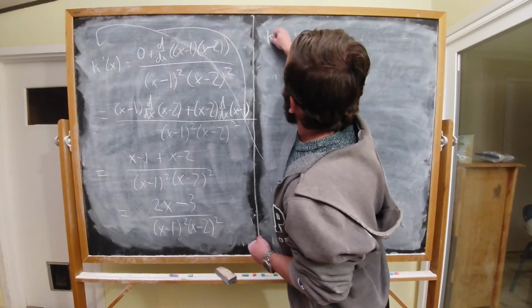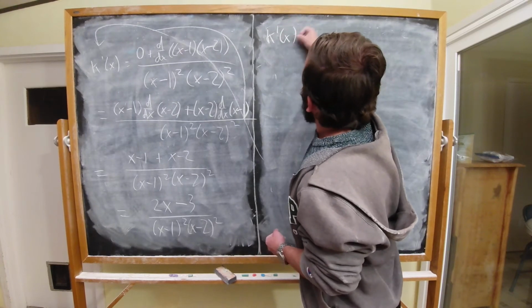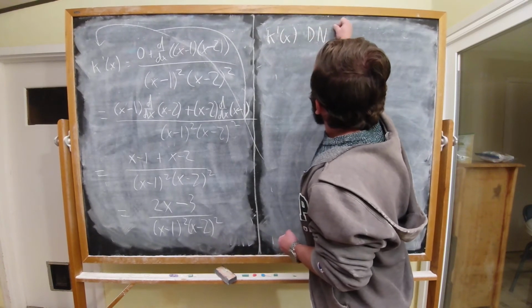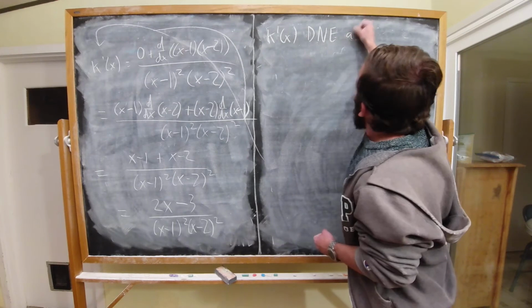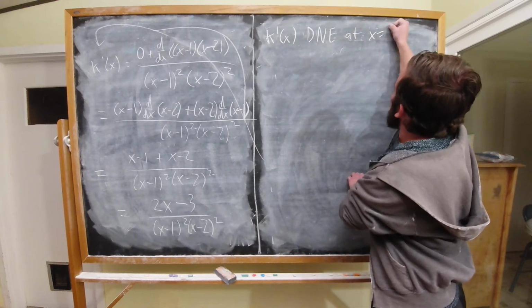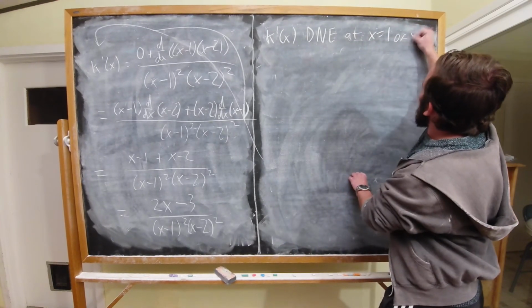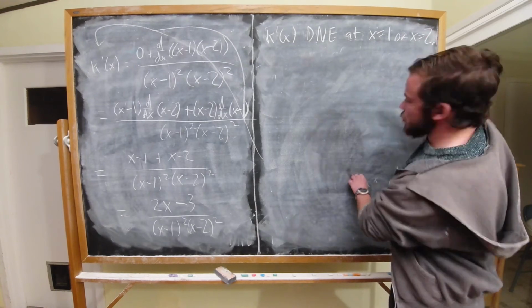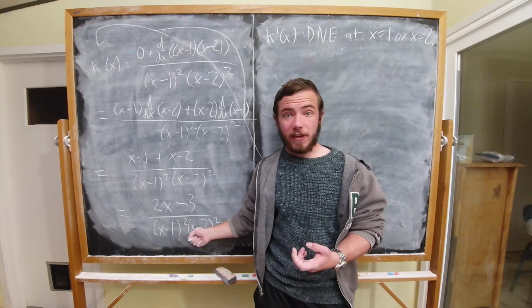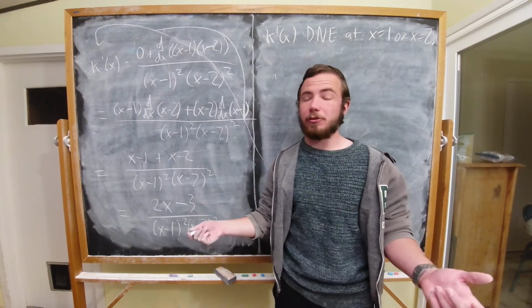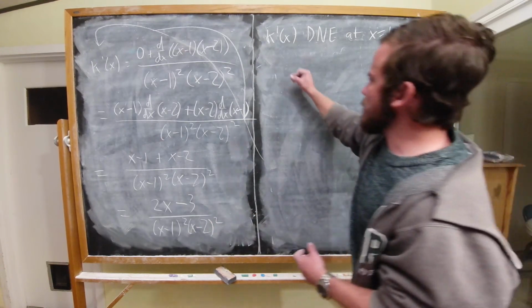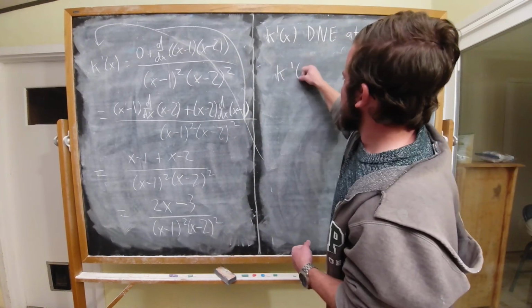K prime of x does not exist at x is equal to 1 or x equals 2, right? Those are our two zeros in the denominator, so places where the derivative won't exist. K prime of x equals 0.